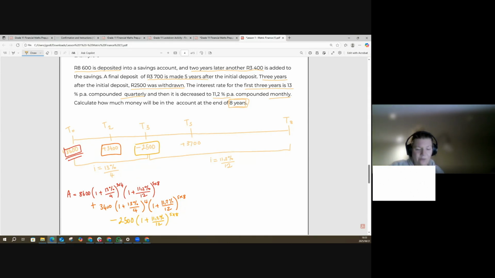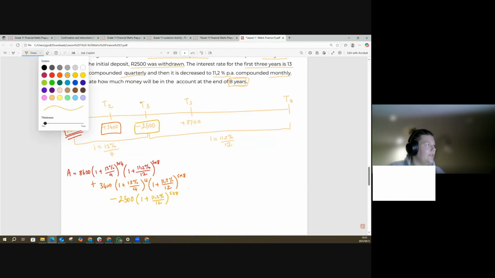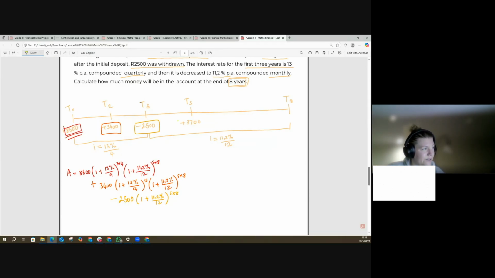And then we have one last one to do, which is our 3,700. This dude over here. So we're going to add our 3,700, and it's going to be at this interest rate for 3 years. So that's going to be 36.